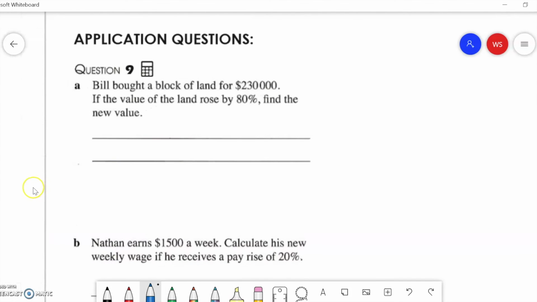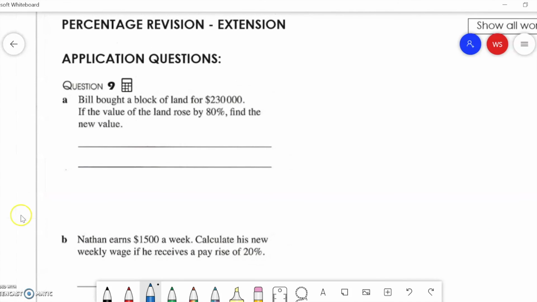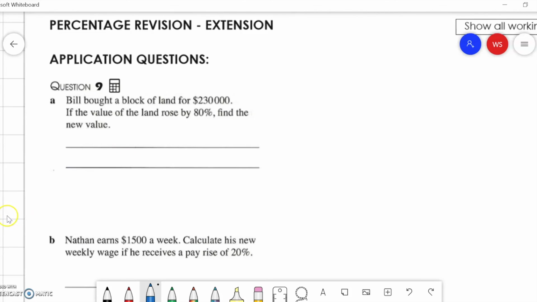Question 9. These are application questions based on percentage over here. So remember to show all workings within the paper itself or in your workbook. So with the first one, 9A, Bill bought a block of land for $230,000. If the value of the land rose by 80%, find the new value. So you know that with the keyword rose, this means that we need to add 80%.